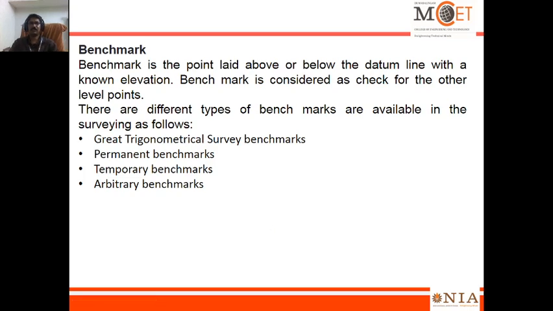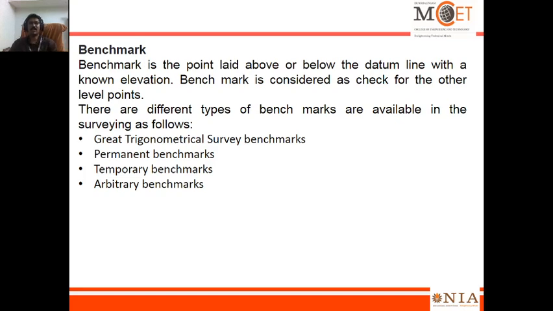Next we try to explain benchmark. Benchmark is a point laid above or below the datum line. Datum is the standard. The benchmark may be above or below with a known elevation value. Benchmark is considered a check for the other level points. From this point only we can check whether we have determined the right value or not, right?